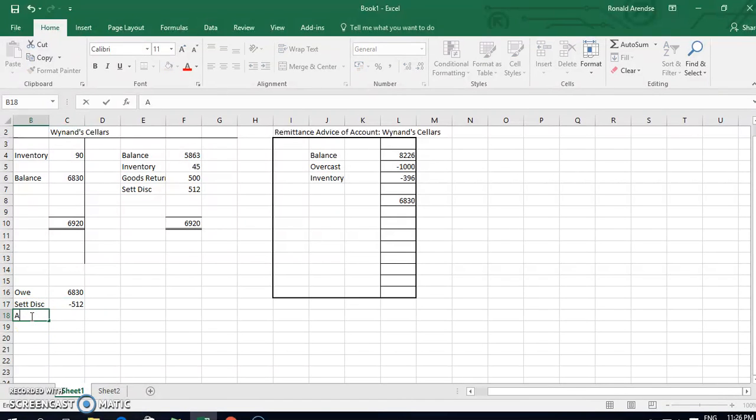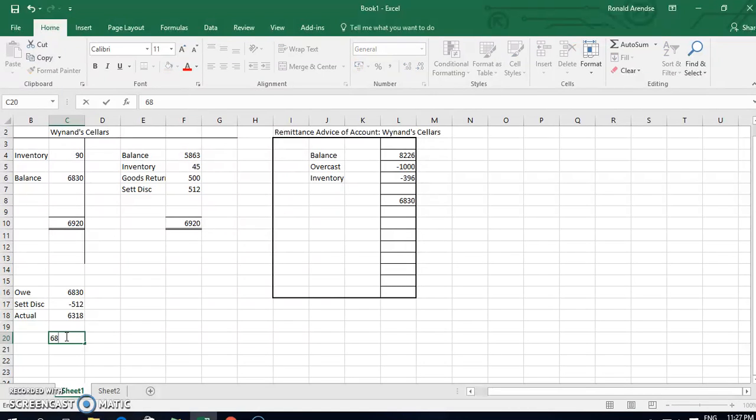So how much do we actually owe for this period? An amount of, let's do the calculation quickly, 6318.